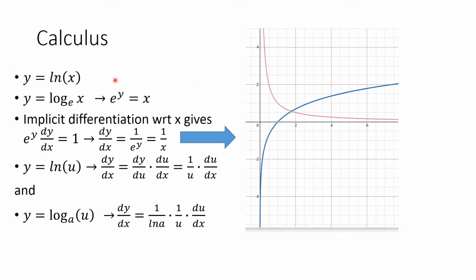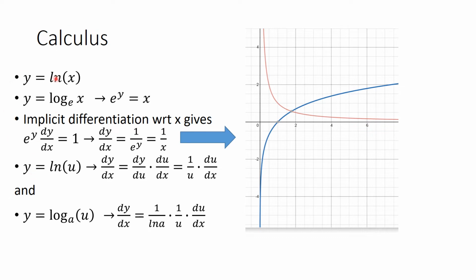But we are studying the calculus of such functions. So we're going to begin by considering the function y is equal to the natural logarithm of x, and the graph of this is the blue curve that we see here.